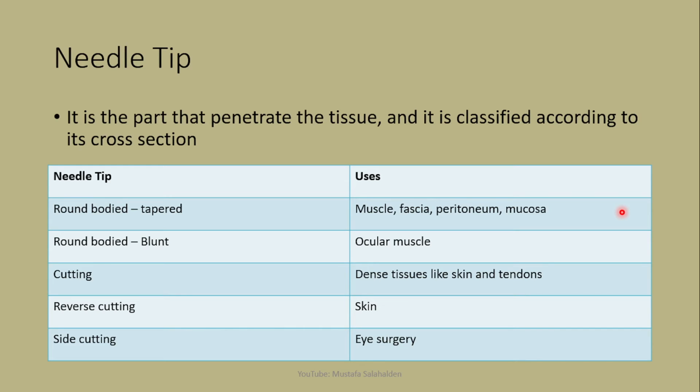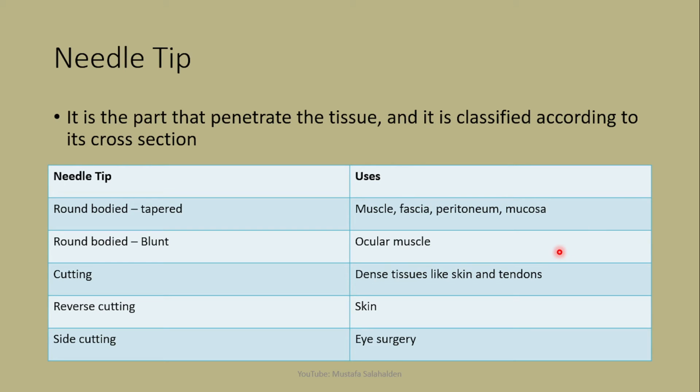Round bodied means it has a circular cross section of the needle tip, and tapered means it is tapered, as the word means, and it is used for the muscle, the fascia, the peritoneum, and the mucosa.